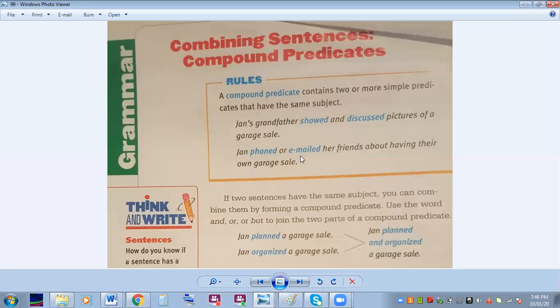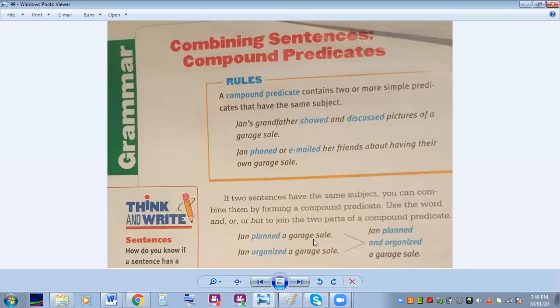And what other thing did Jan do? She emailed. So my second predicate. Remember, two predicates, phoned or emailed, make a compound predicate. Here we use the conjunction or. Okay? All right, let's take a look at another one together.